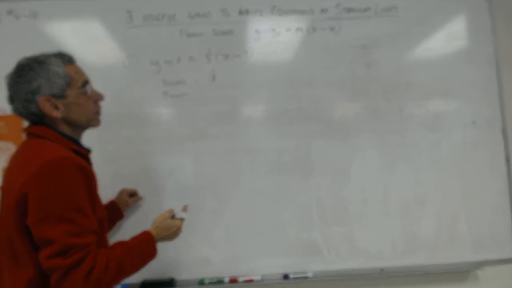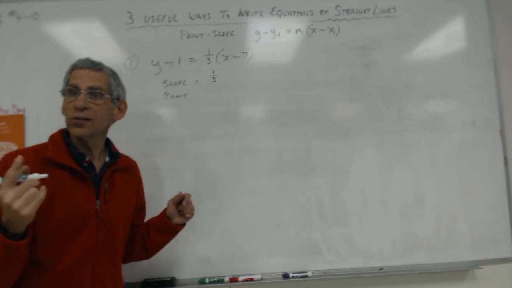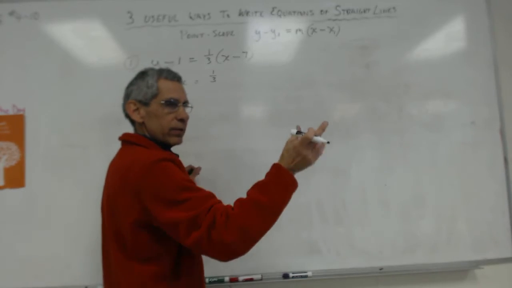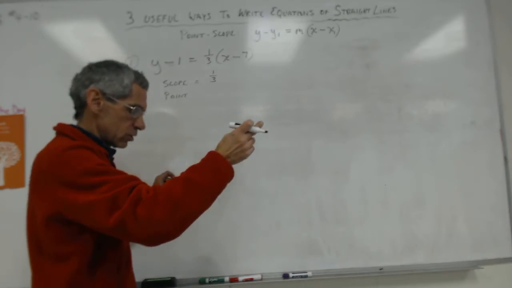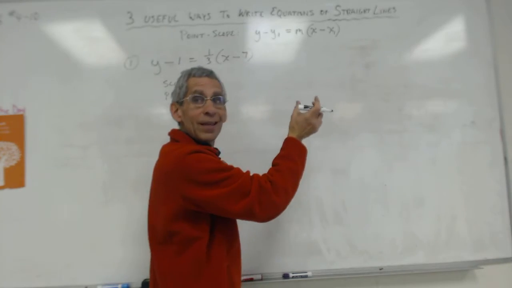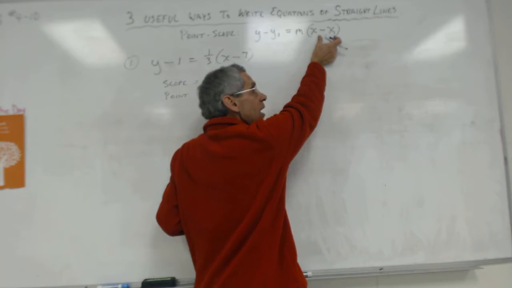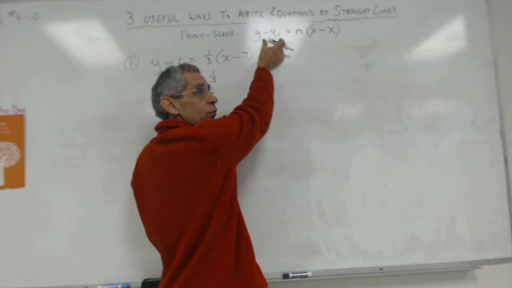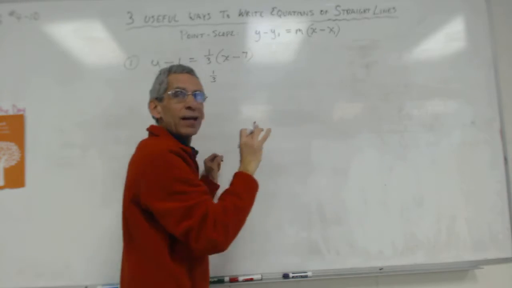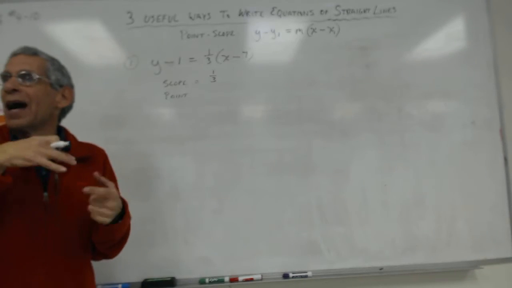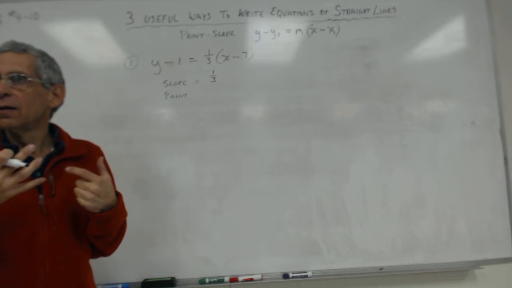Now what's the point? The point, this is tricky. It's going to be the opposite of what you see here, comma, the opposite of what you see here, because you've got that negative. You've got to take that negative into consideration. It's going to be the opposite sign, right?